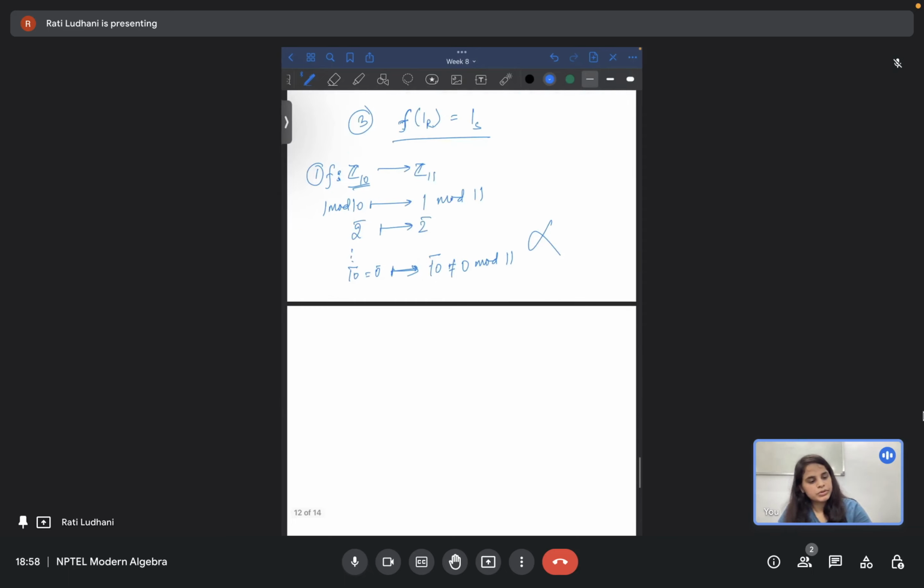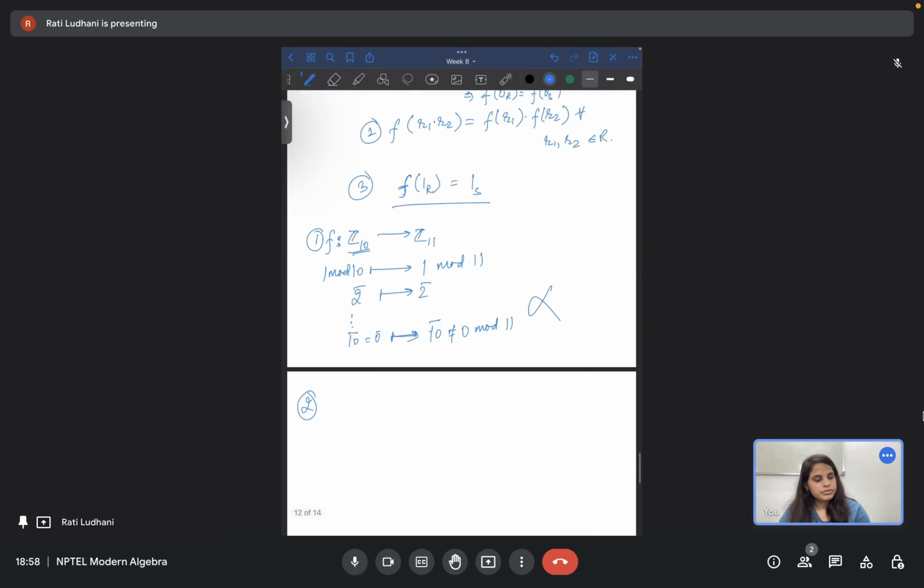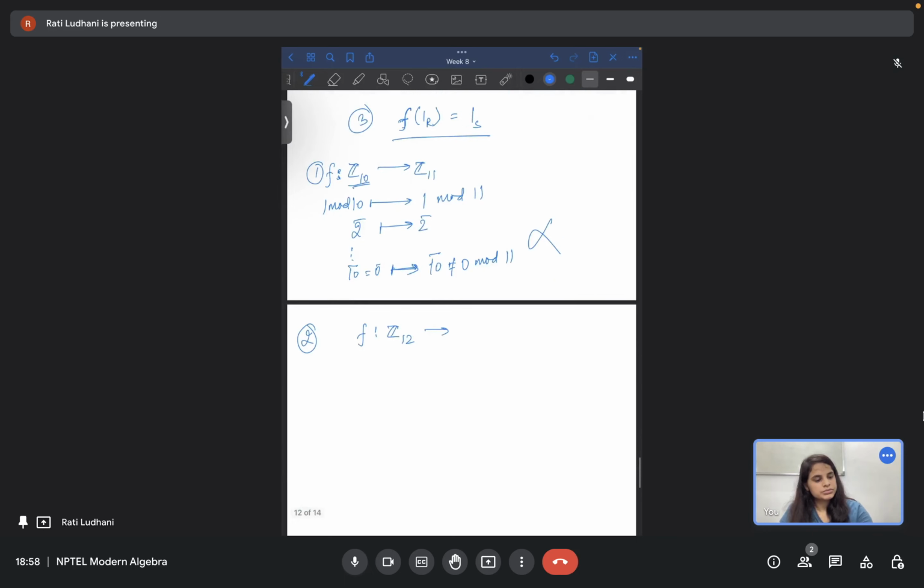Okay, what about the second? F is the map from Z12 to Z22. So here again, 1 mod 12 should map to 1 mod 22.